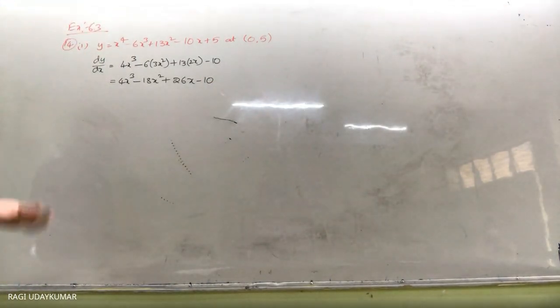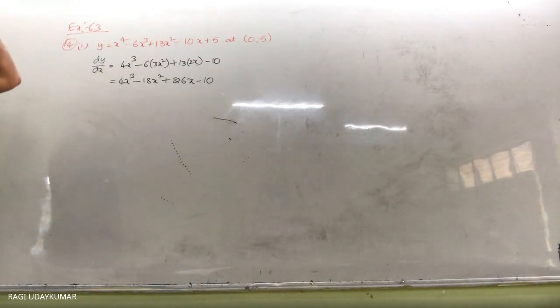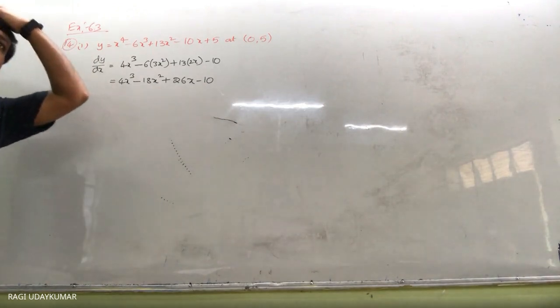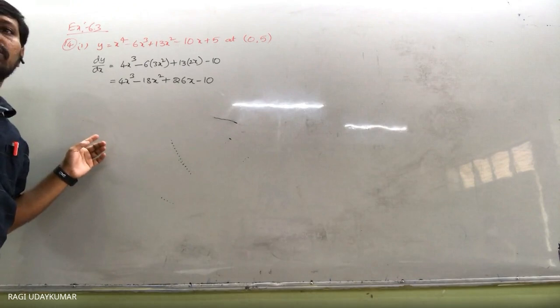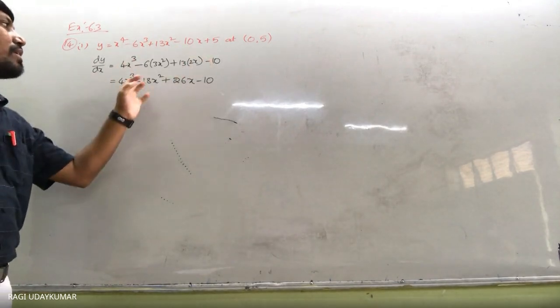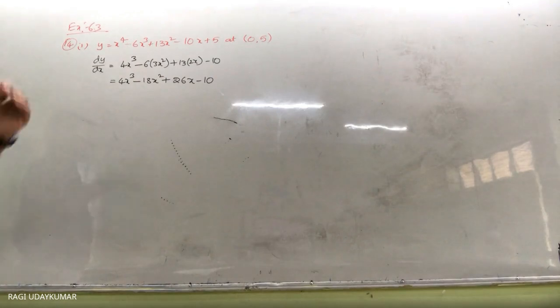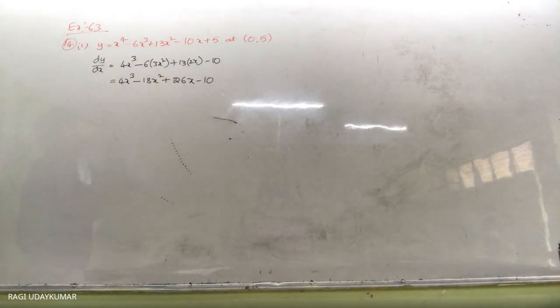So dy by dx at the particular point (0, 5). The x coordinate here is 0, so you substitute x equal to 0. The y coordinate 5 is not needed here; you need to find the dy by dx value.